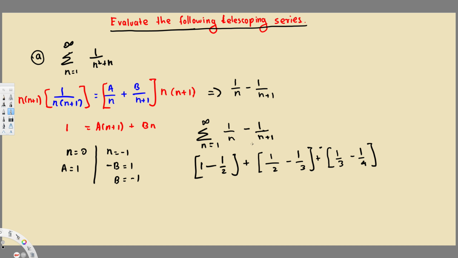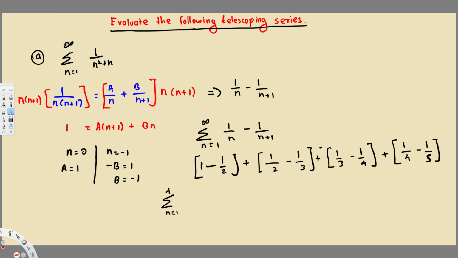And if I plug 4, this is going to be 1 over 4 minus 1 over 5, right? So when we go for the sum from n equal to 1 to 4, this is what we get, right?